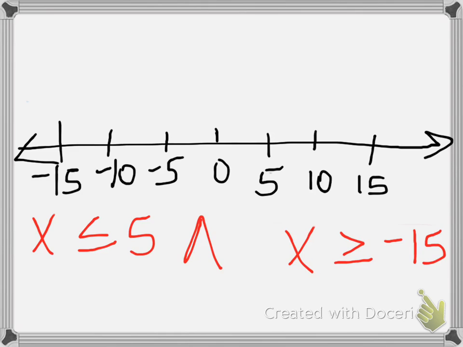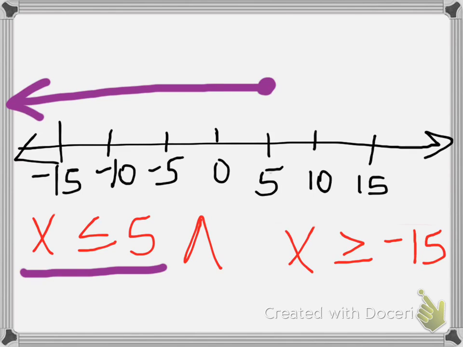All right, so I'm going to graph this section first that says x is less than or equal to 5. Because that is a less than or equal to, that means a closed circle above 5 there. And everything that's less than that is to the left, just like how my inequality right here is pointing to the left.